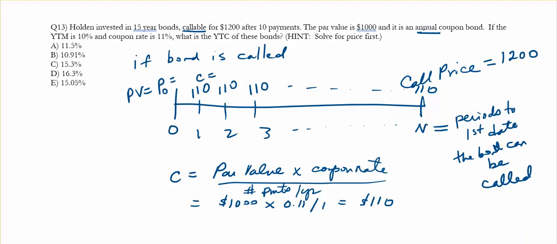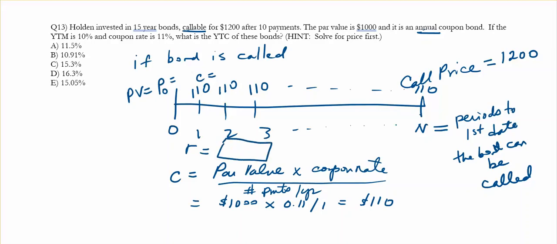But we see the call price and the N are new. Now, we're told that the yield to maturity is 10%. But, well, that's if it's to maturity.